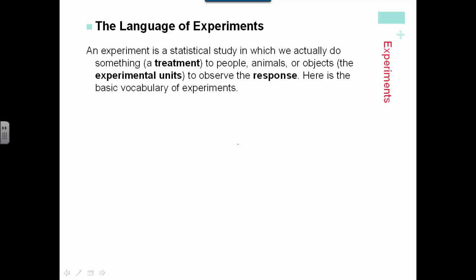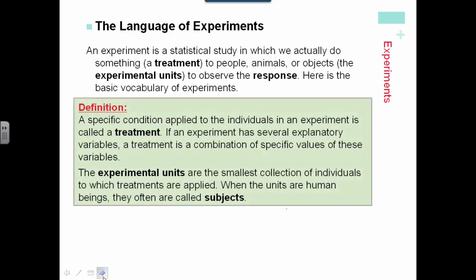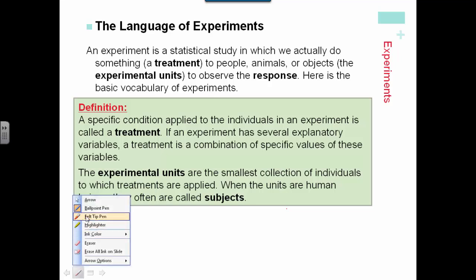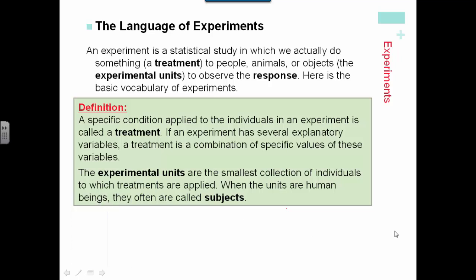An experiment is a statistical study in which we actually do something, a treatment, to people, animals, or objects, which are called the experimental units, to observe the response. Here's the basic vocabulary for experiments. A specific condition applied to individuals in an experiment is called a treatment. If an experiment has several explanatory variables, a treatment is a combination of specified values of these variables.